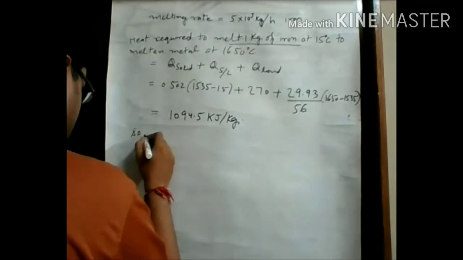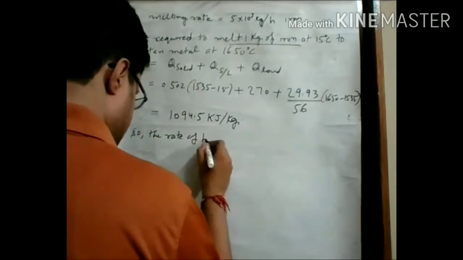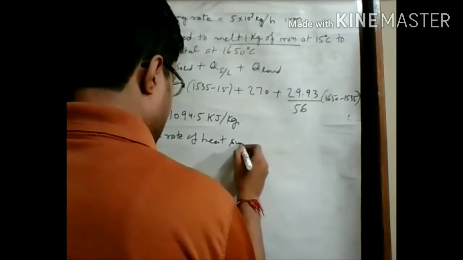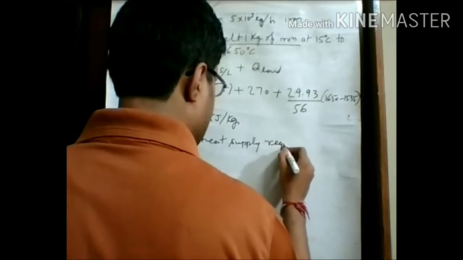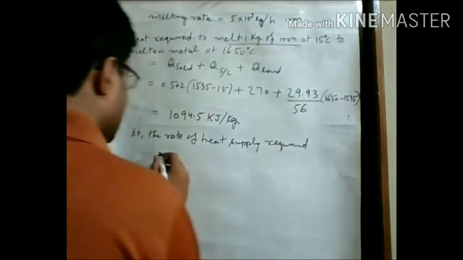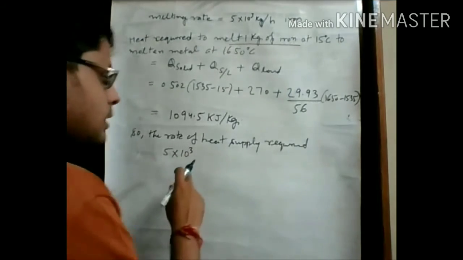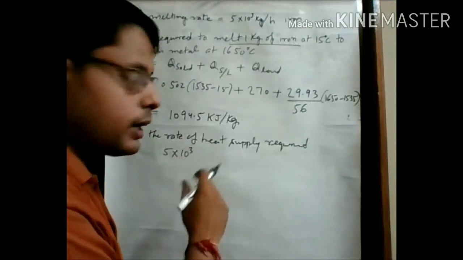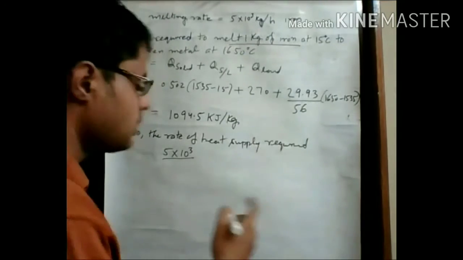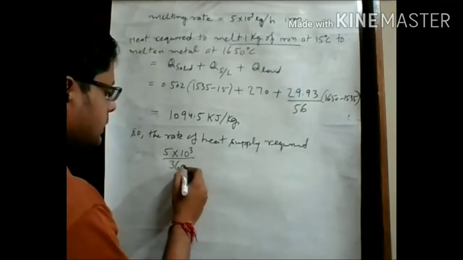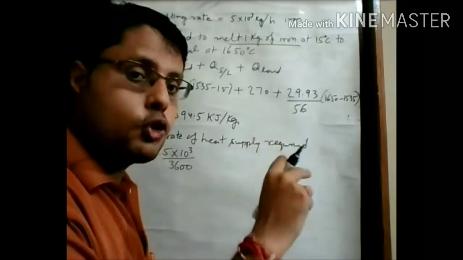So the rate of heat supply required is equal to mass, given as 5 into 10 to the power 3, kilojoule per hour. If we want to convert this to kilojoule per second, we have to divide by 3600. Now the melting rate is converted to kilojoule per second.